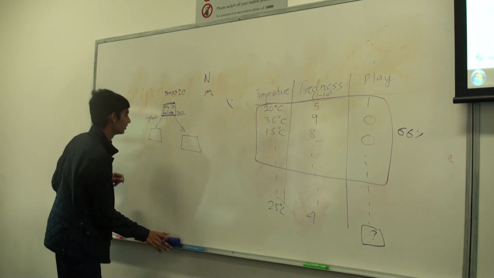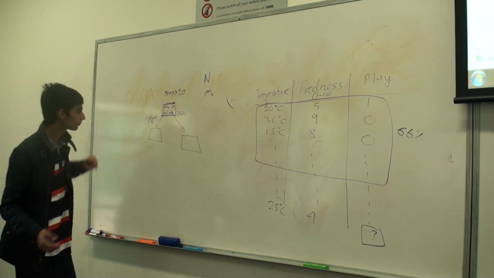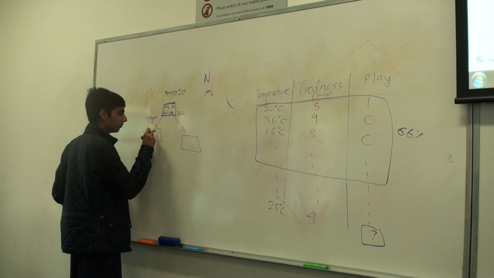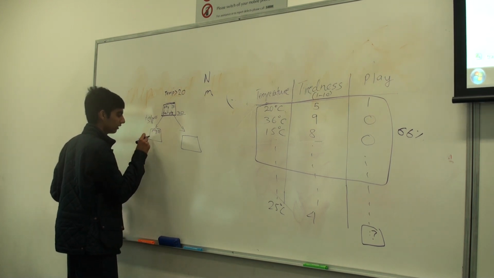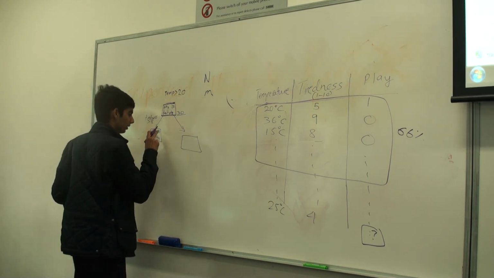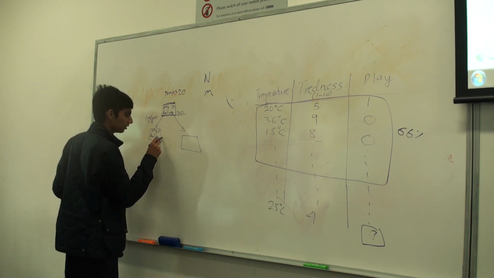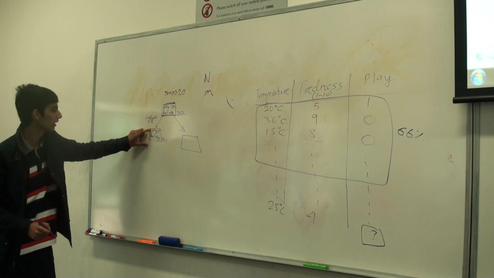So let's say if tiredness is greater than 8, then it's looking more likely that we won't play. So play will become, say, 8, and don't play will become 20. So now it's looking more likely that we won't play.